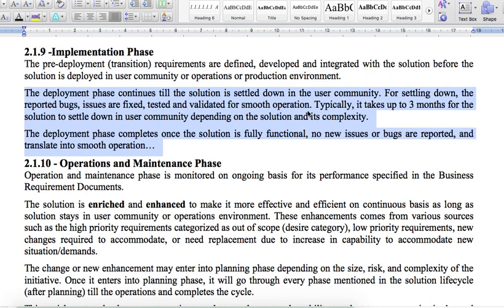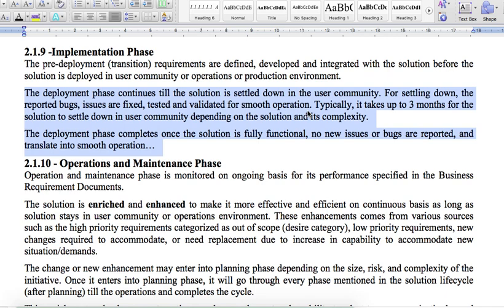But when it is implemented in the production environment or the user community, it will be exposed to all the data and also all the behaviors that the users may have. Users may try out various types of interactions with the system.